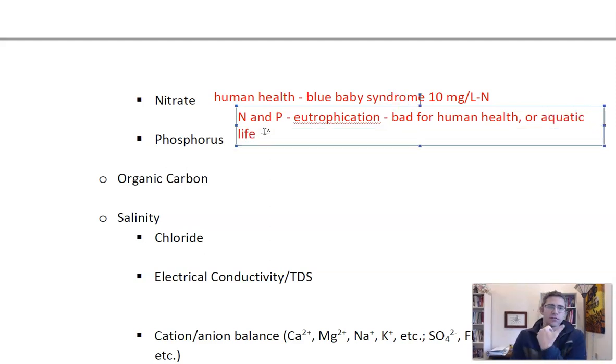Right, so if eutrophication happens, we could have dissolved oxygen crashes, which are bad for aquatic life, but we could also harm human health by having, say, toxic algae blooms that can happen. It can be bad for recreation as well, in that people don't want to swim or fish in areas that are full of algae.